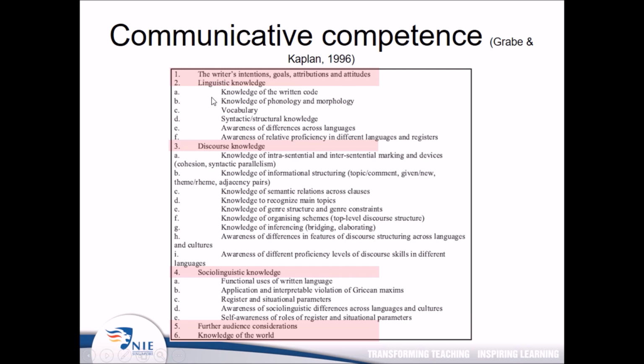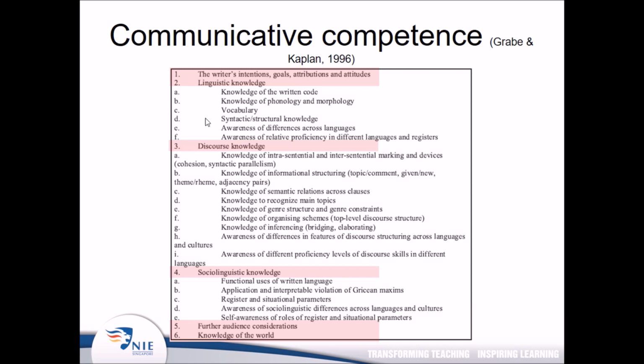of writing. It assumes that writing consists of the writer's intentions, goals, attributions and attitudes, and linguistic knowledge. This is very interesting because I think this makes it useful for assessment purposes, because it articulates, for example, the knowledge of written code, knowledge of phonology, vocabulary, and so on and so forth.